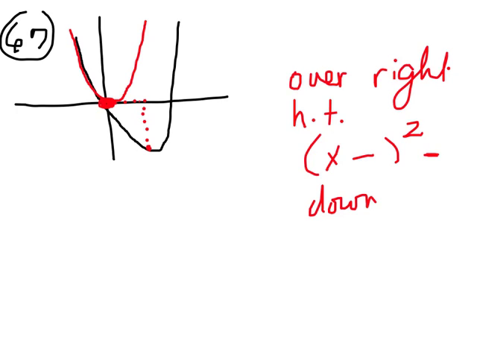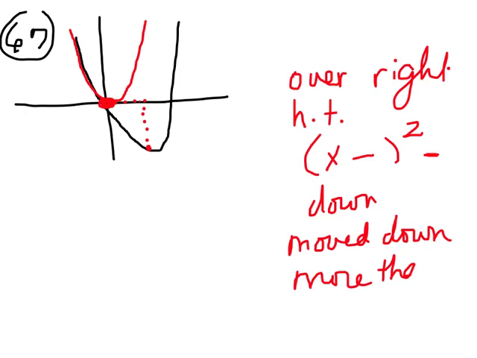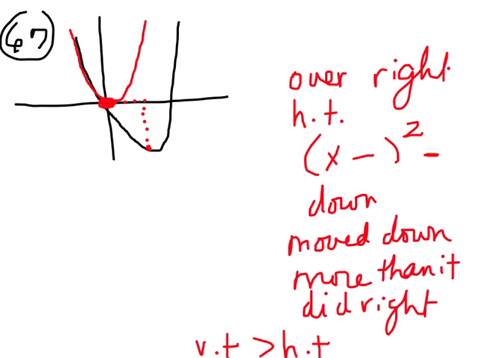So we know it's going to be a minus something on the end. Now, I don't want to take anything out and measure it, but it almost looks to me like it got moved down more than it did right. So it looks like the vertical translation should be a bigger number. VT should be bigger than the HT, just given what I can tell by looking at the book.